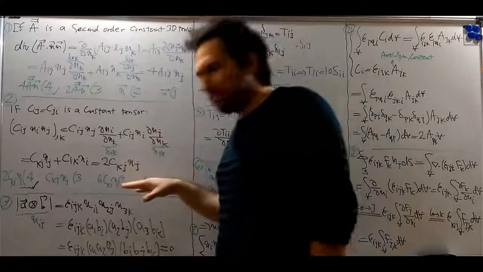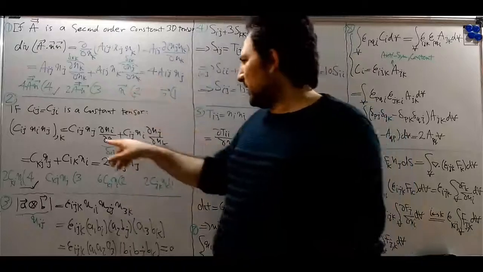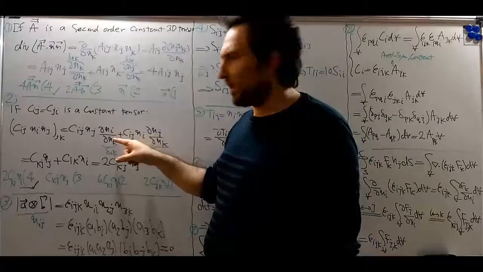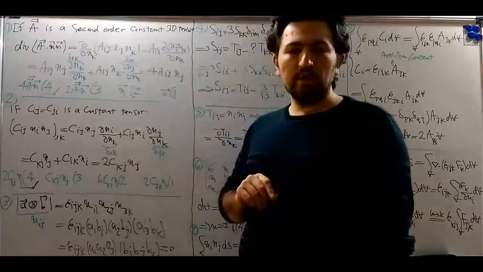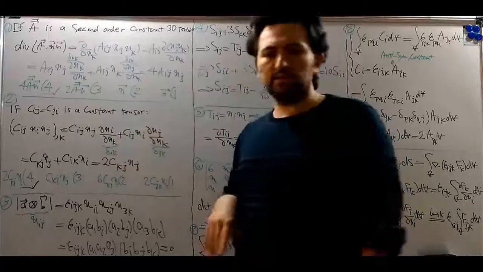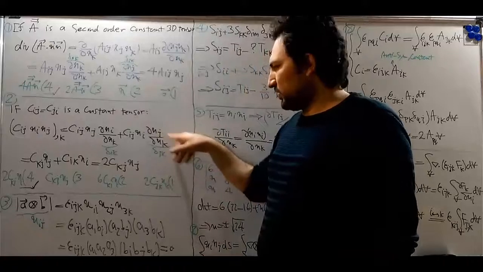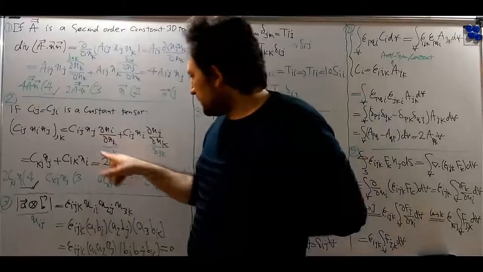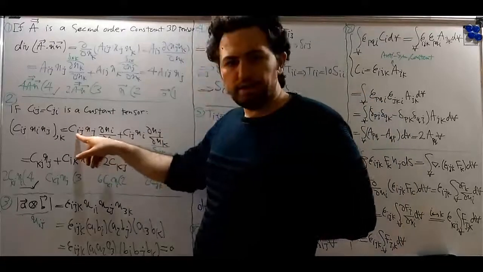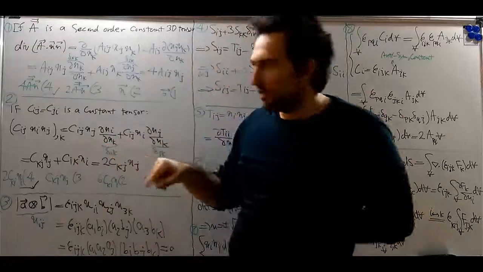The rest of the proof is similar to the previous one. This derivative is x sub i with respect to x sub k, so the result is delta sub ik. And this one is delta sub jk. And I can see another i here, and this is delta ik.